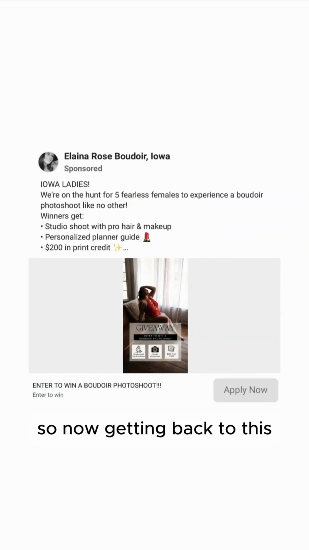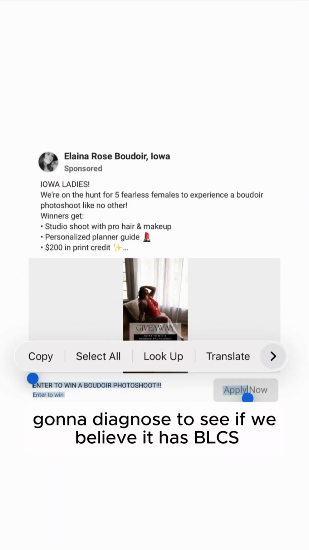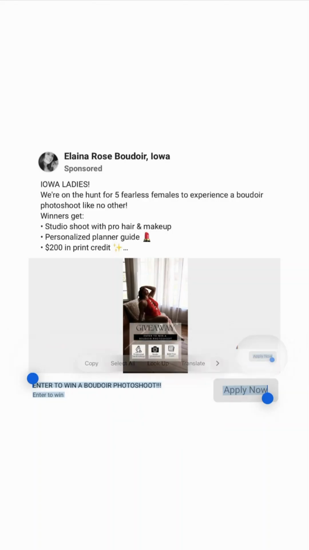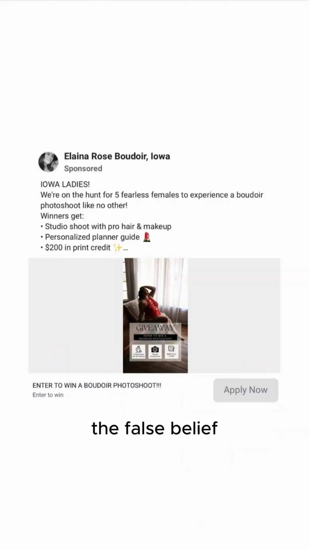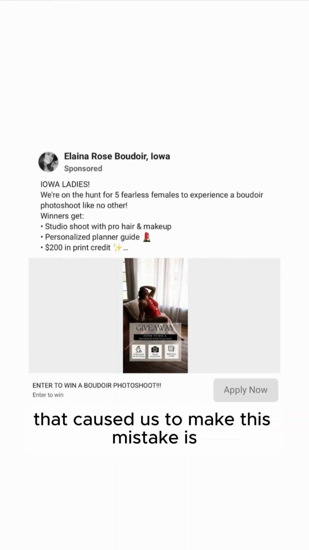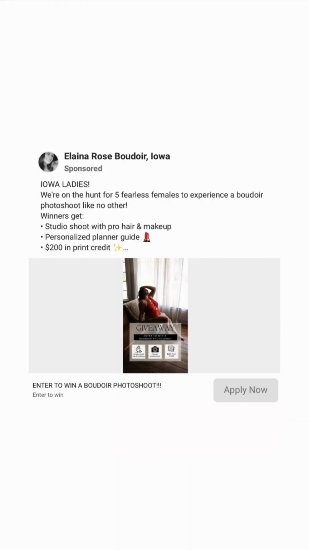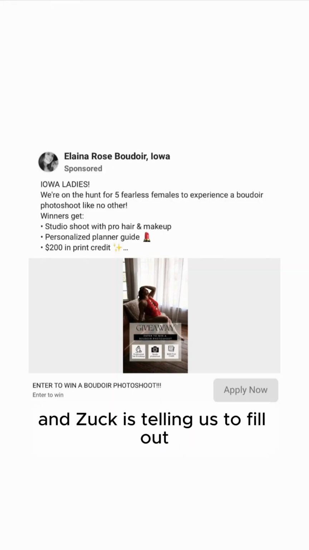So now, getting back to this, we're going to diagnose to see if we believe it has BLCS, yes or no. So we got the below creative cluster mistake here. The false belief that caused us to make this mistake is, we're filling out everything in the Boudoir Facebook Ads Manager that Zuck is telling us to fill out.